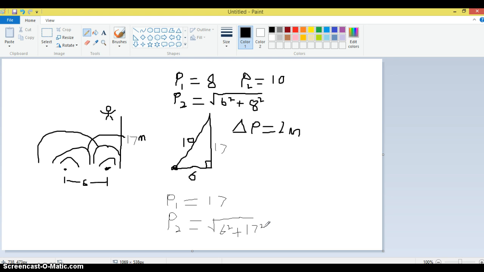The square root of that is going to be 18.